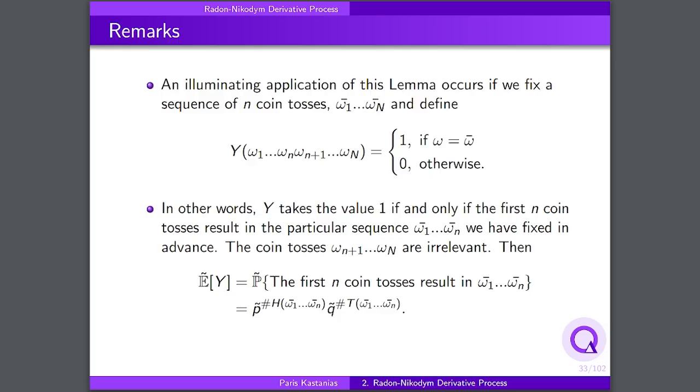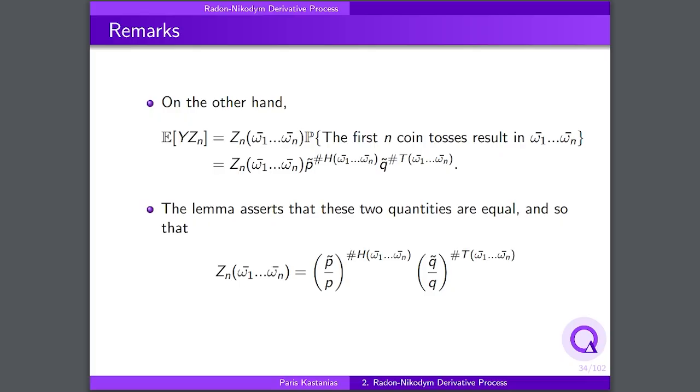Then the risk-neutral expectation of Y is equal to the risk-neutral probability of the first n coin tosses resulting in that particular sequence, which is just p tilde to the power of the number of heads in that sequence times q tilde to the power of the number of tails in that sequence.